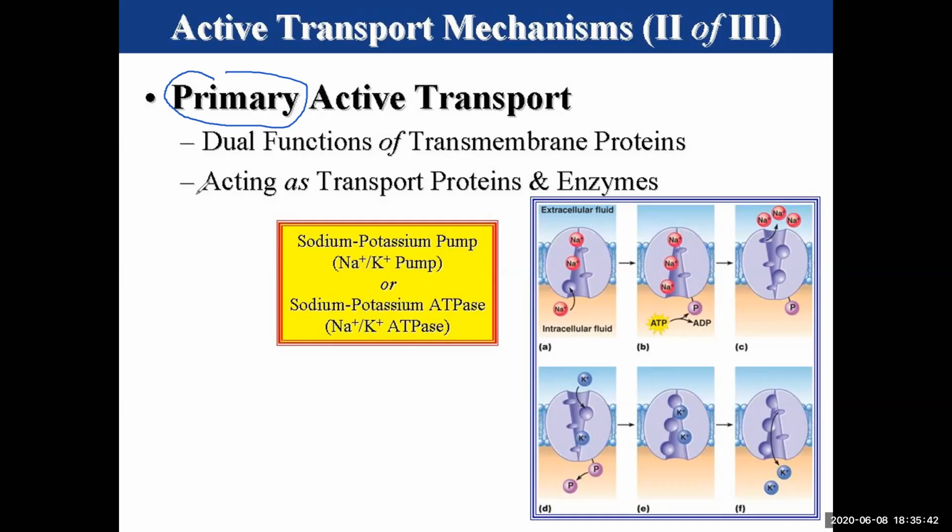So here, one of the most important transmembrane proteins involved in active transport mechanism, we call it the sodium potassium ATPase, or the sodium potassium pump. These transmembrane proteins are so important, they have been conserved through evolution.